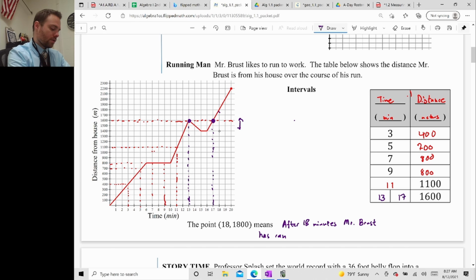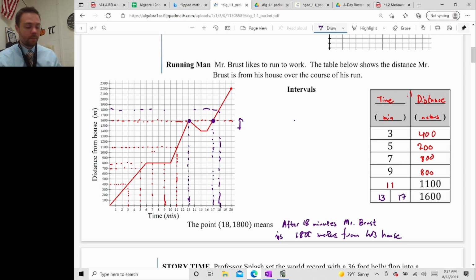Just double check that work, because it says the output is 1800. Let's just check. And he didn't run that far, actually. This is the distance from his house, so Mr. Brust is 1,800 meters from his house. Okay?